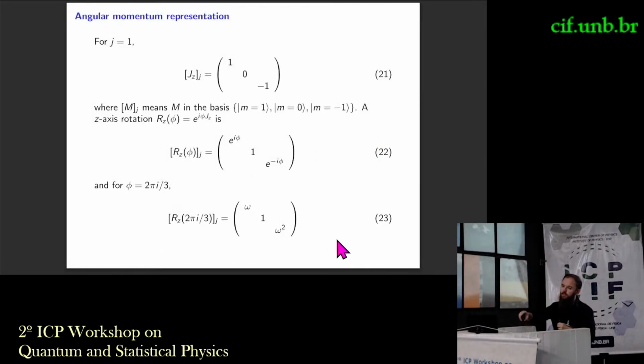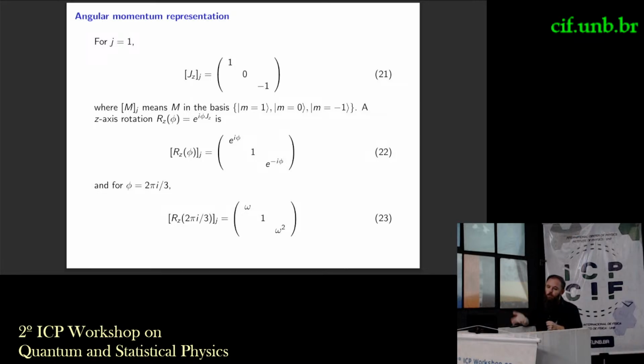So entering this angular momentum representation that I want to do, I will start simple here. For j equals 1, a 3-level system, you can think of a particle of spin 1, yeah? So Jz, the observable Jz, is this, in this angular momentum ordering, in the angular momentum basis, okay?